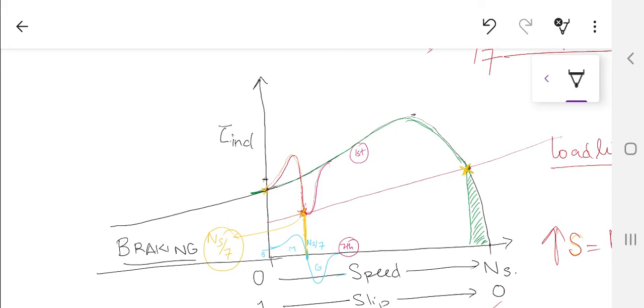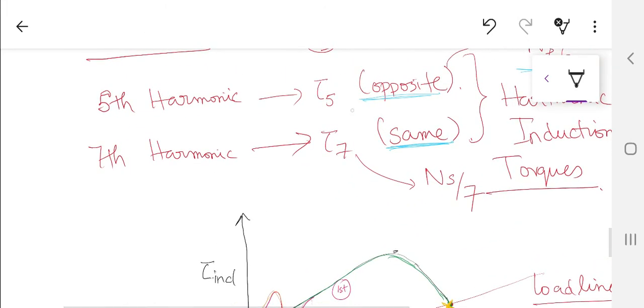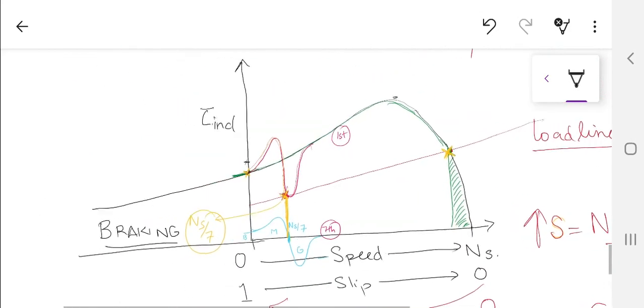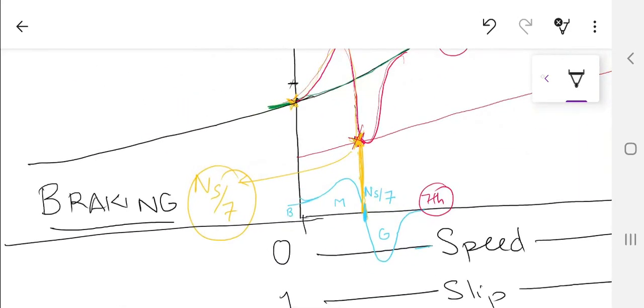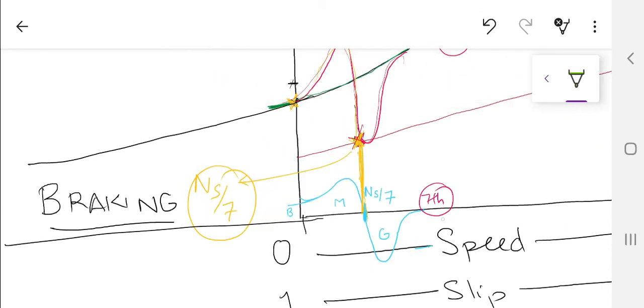Now the fifth harmonic, which we already know from our previous discussion, moves in the opposite direction. So it will have a point, let me draw that point again over here, at ns by 5. At ns by 5, you are going to have a torque slip curve just like the seventh harmonic, like this.